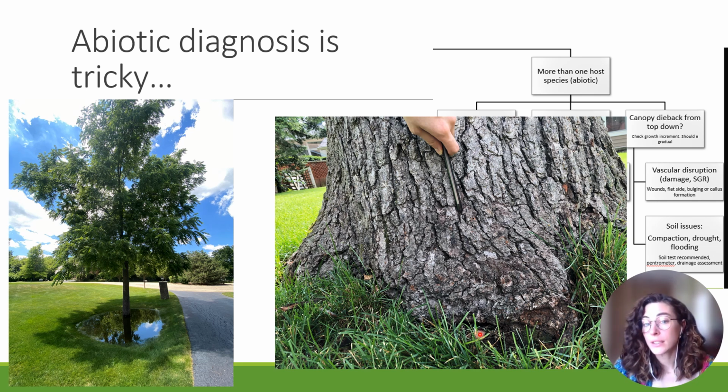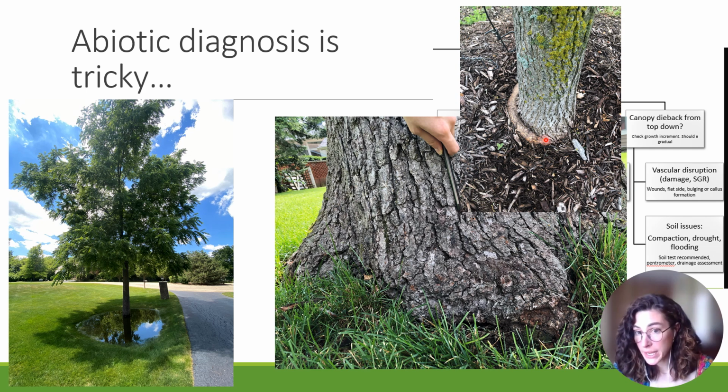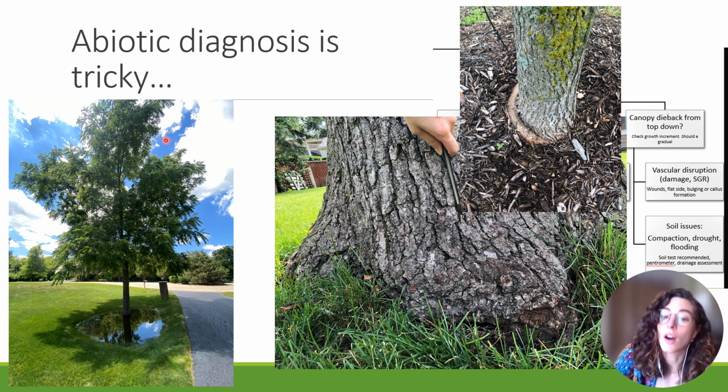So these are technically symptoms, whereas the sign of stem girdling root, or the sign, I suppose, of this vascular obstruction, even from planting problems, would be that root or that twine or whatever it might be encircling the base of the tree that then is causing that reaction, that's causing the canopy decline.